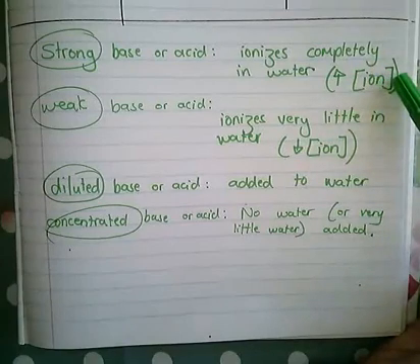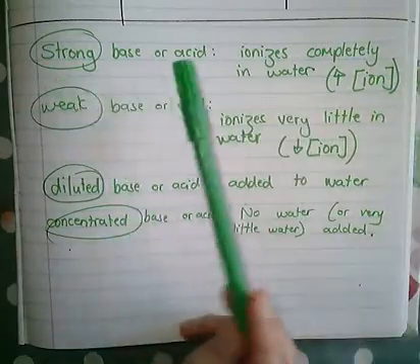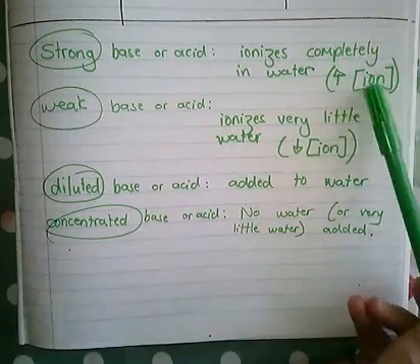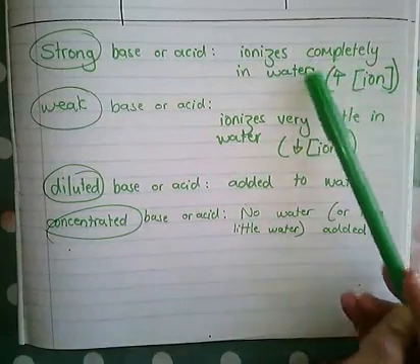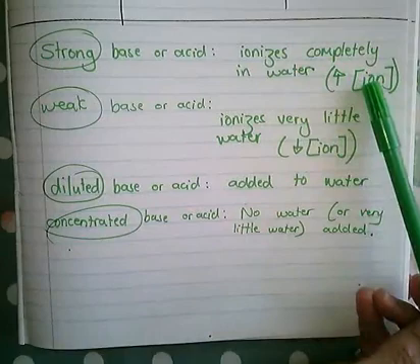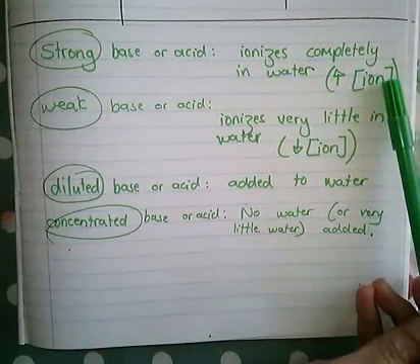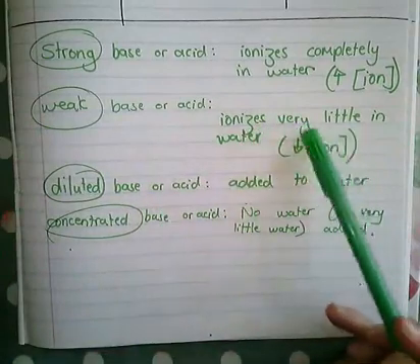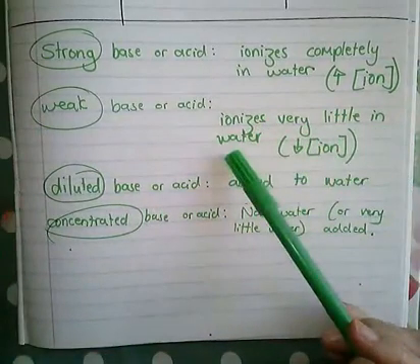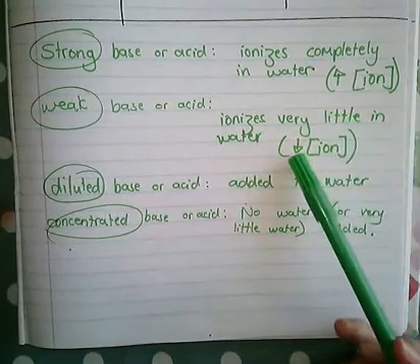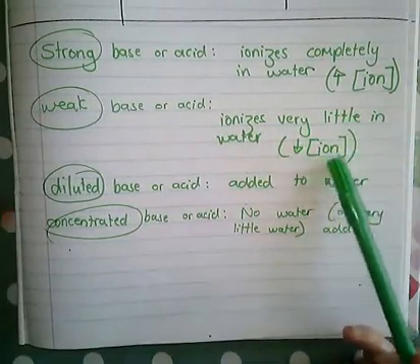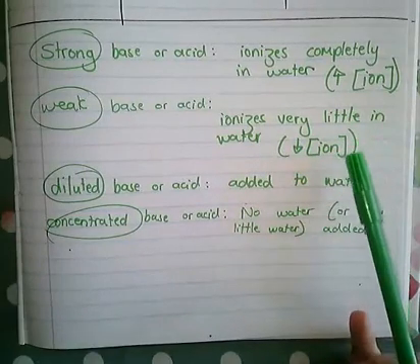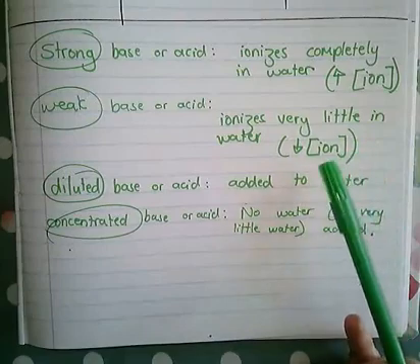So in other words, a strong base or acid that is ionized almost completely in water will conduct electricity easily because of its high ion concentration. A weak base or acid ionizes very little, if at all, in water. So in other words, it releases a very low concentration of ions in a solution. So again, because you have a low ion concentration, it's not going to conduct electricity very well.